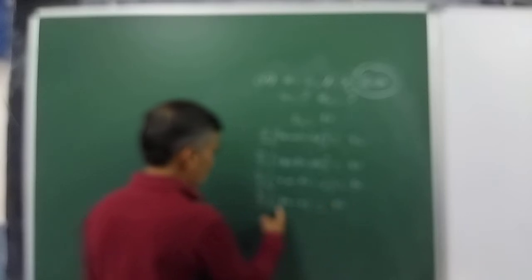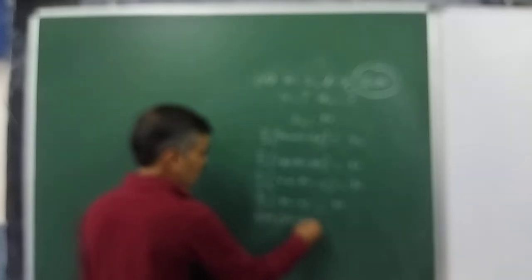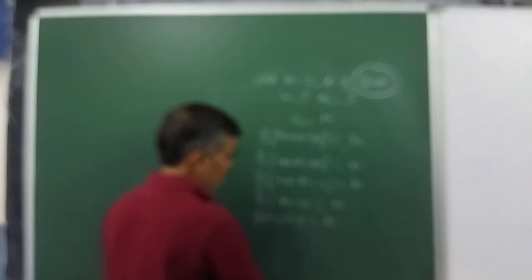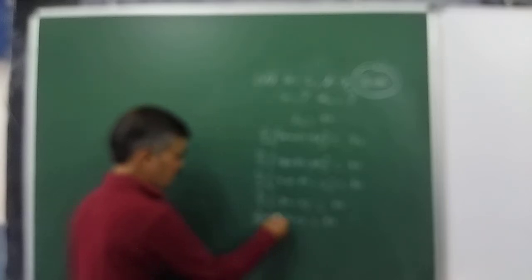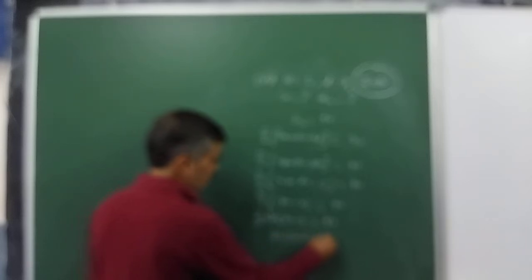I can take out 4. So n by 2 into 4, 2n minus 1 is equal to 90. So this you can cancel. 2n into 2n minus 1 is equal to 90.